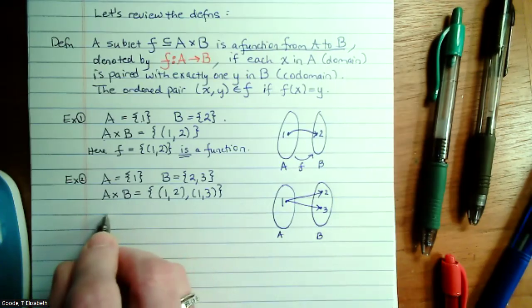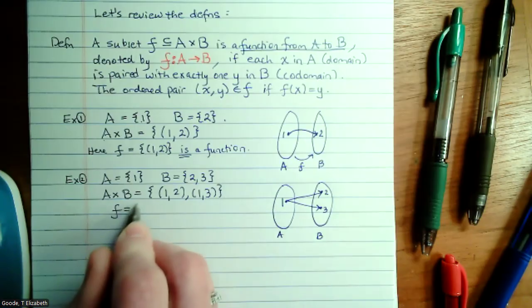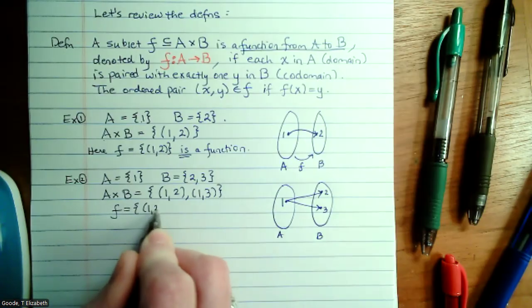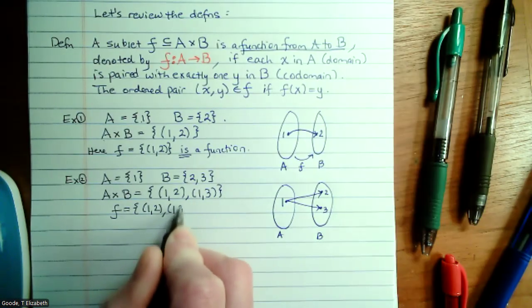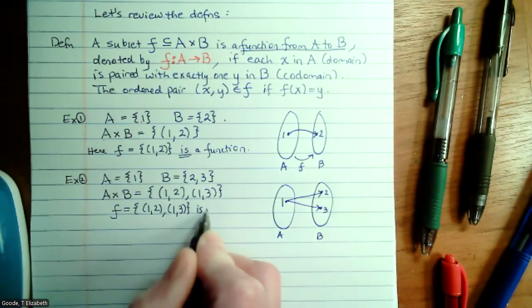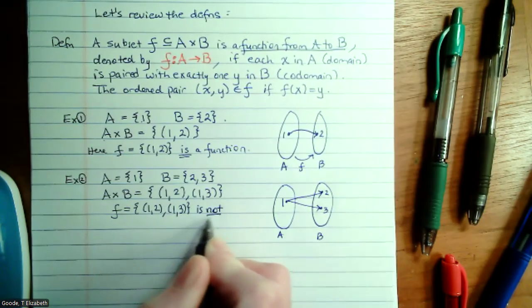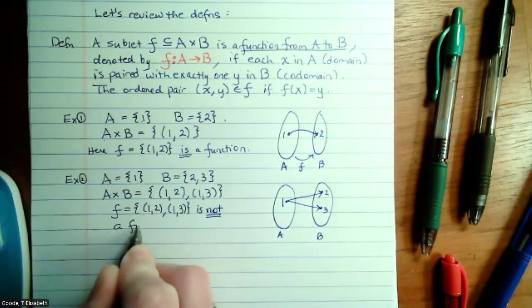So when we say F equals this set of ordered pairs, this is not a function from A to B.